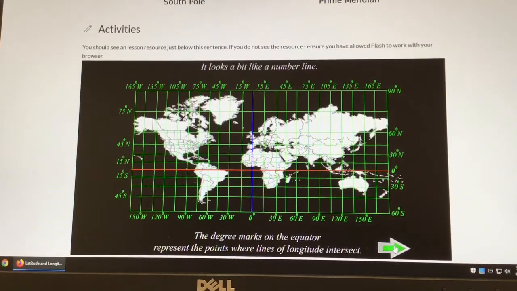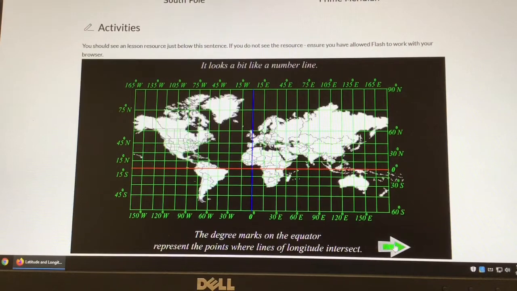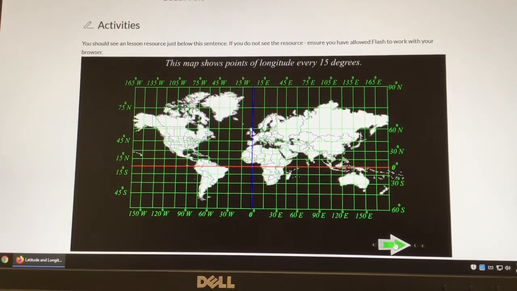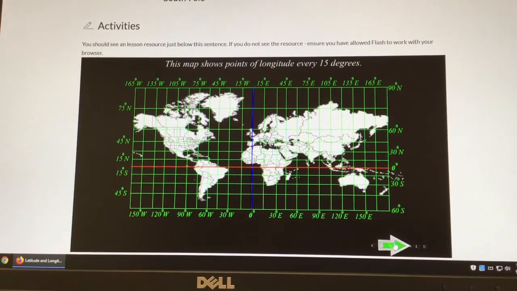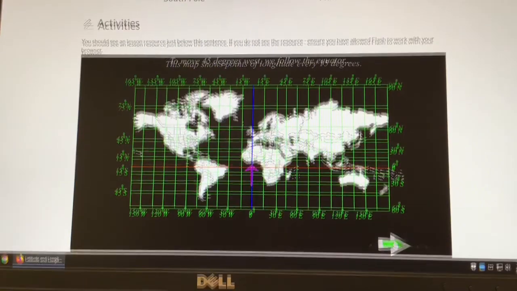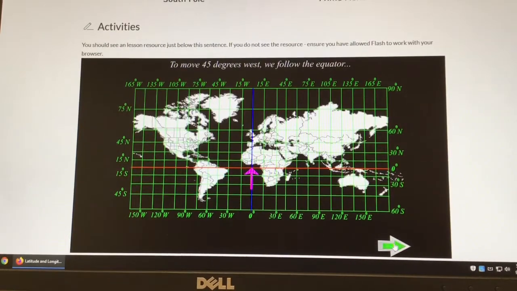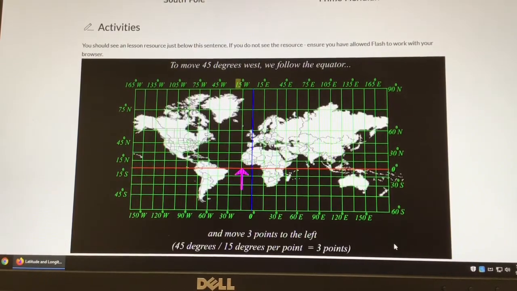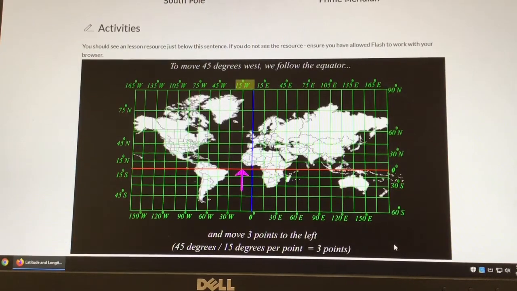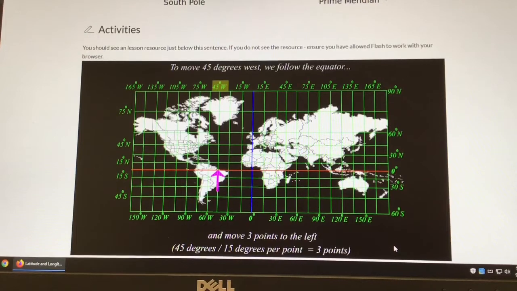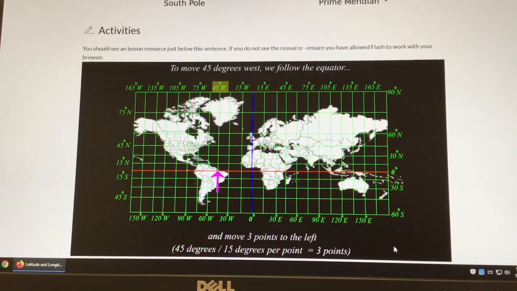The degree marker on the equator represents the points where lines of longitude intersect. This map shows points of longitude every 15 degrees. To move 45 degrees west, we follow the equator and move 3 points to the left. 45 degrees over 15 degrees per point equals 3 points.